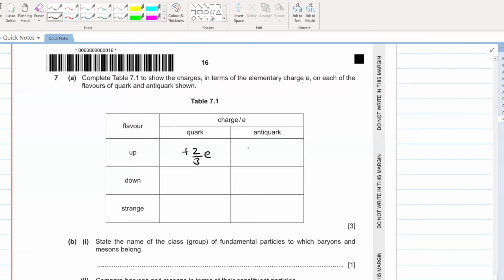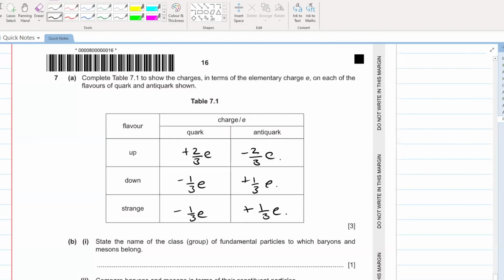What is the charge of anti-up quark? Minus 2 over 3e. What is the charge of down quark? The charge of down quark is minus 1 over 3e. What is the charge of anti-down quark? Plus 1 over 3e. What is the charge of strange quark? Minus 1 over 3e. What is the charge of anti-strange quark? Plus 1 over 3e.